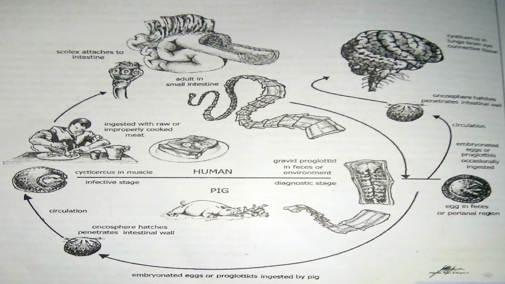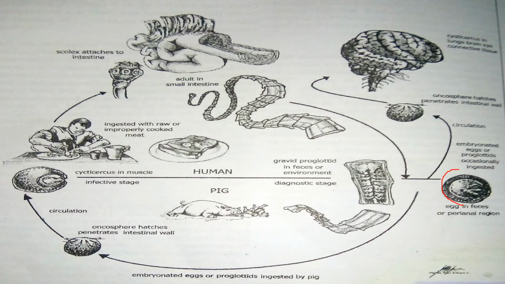Next, men harboring the adult worm excrete the eggs in feces which can infect the same individual by auto-infection. So, its eggs can undergo auto-infection.